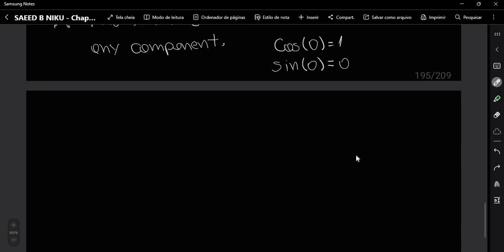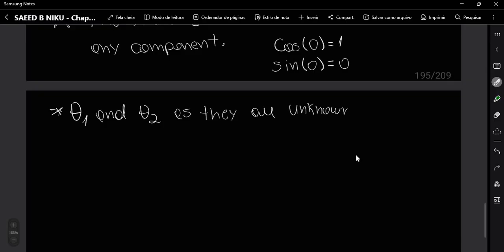It's only that theta 1 and theta 2, as they are unknown, because they are the angles of the revolute joints.